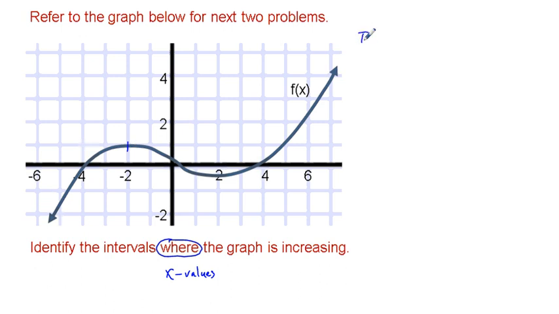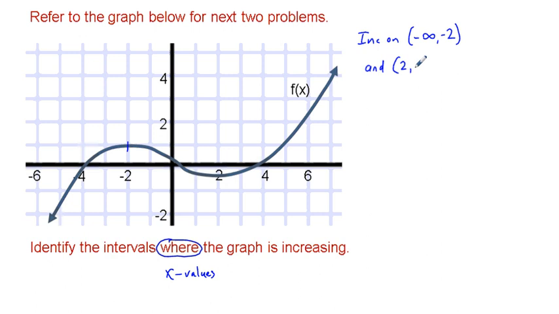So increasing on the intervals, we will have negative infinity to x equals negative 2, and then also from x equals 2 to infinity.